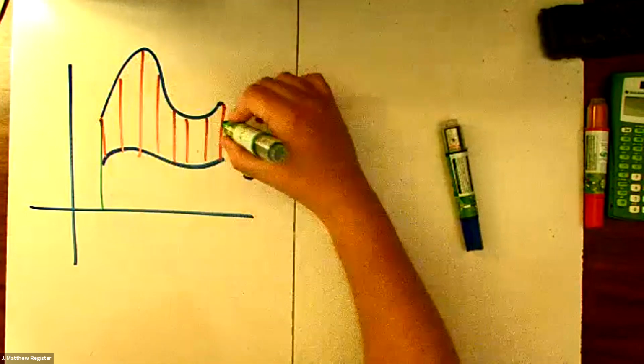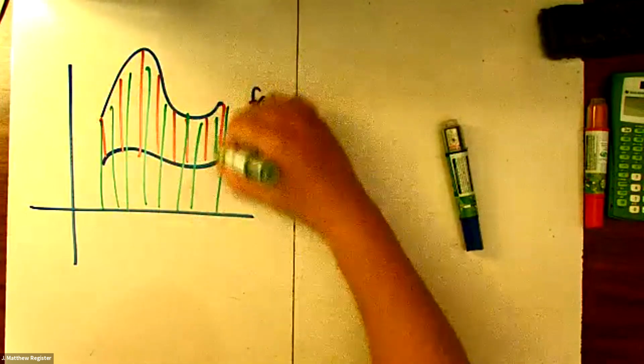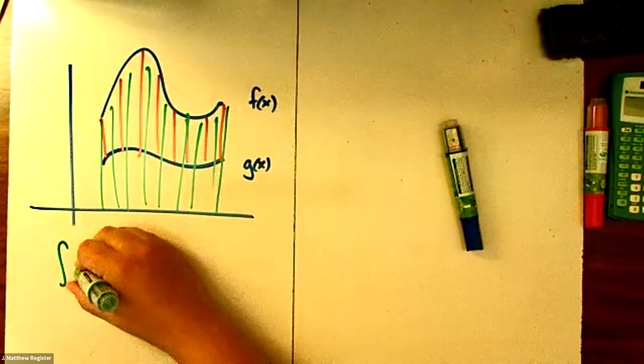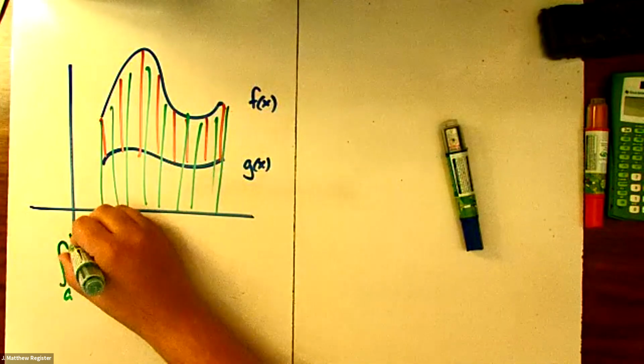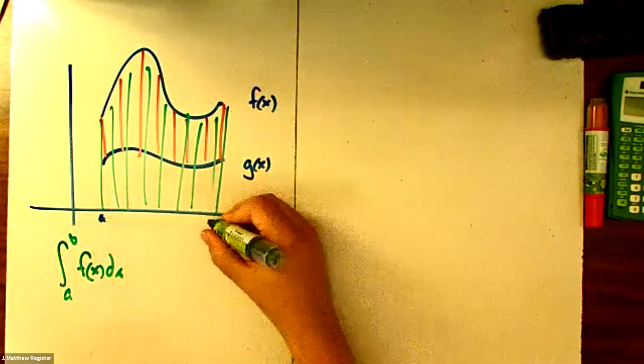And so everything from here down, which would be the integral of f of x dx from a to b, if we are saying that this starting point is a and this ending point is b.